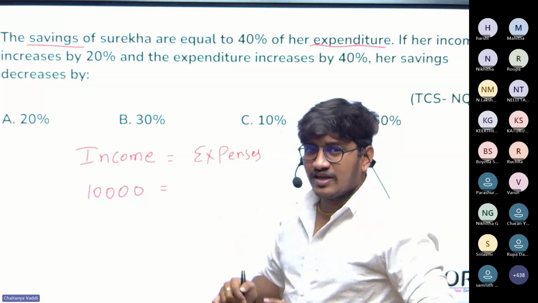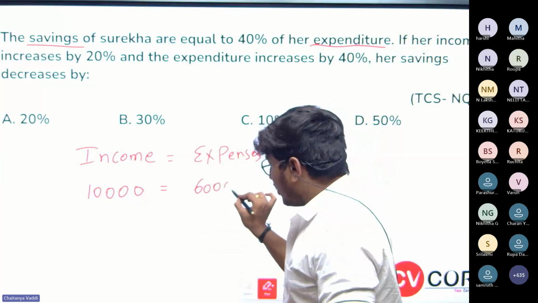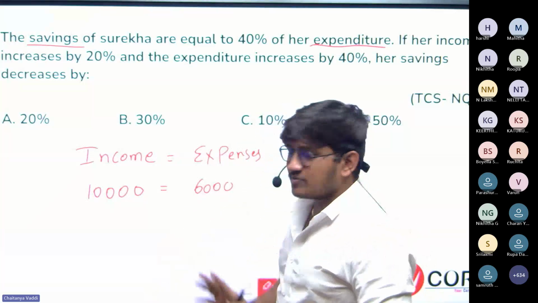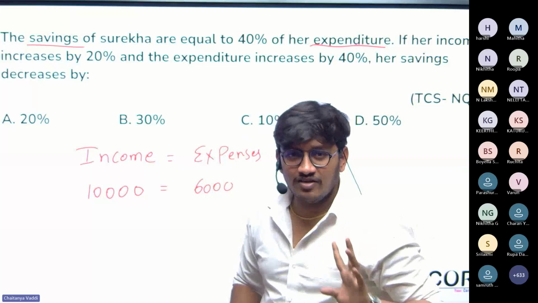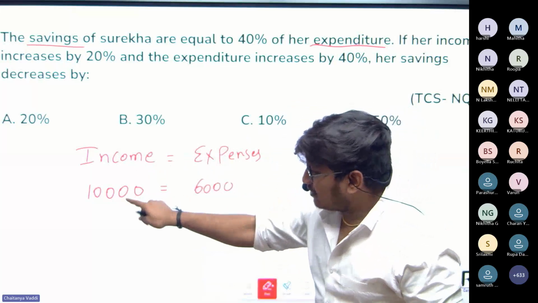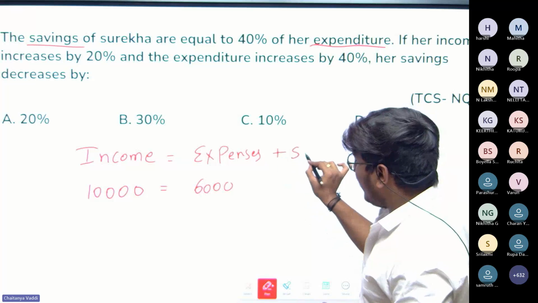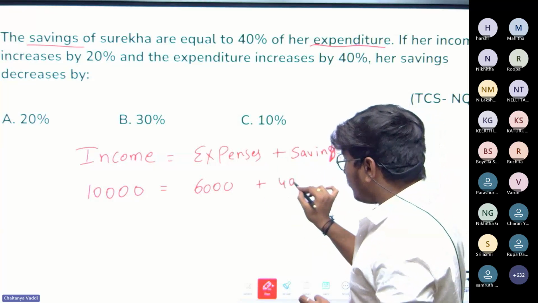Let's assume my expenses, including food and everything, are 6,000. Then what about the remaining 4,000? I can consider it as my savings. So I got an income of 10,000 rupees, 6,000 is my expenses, and whatever remains are my savings. Those savings are 4,000.